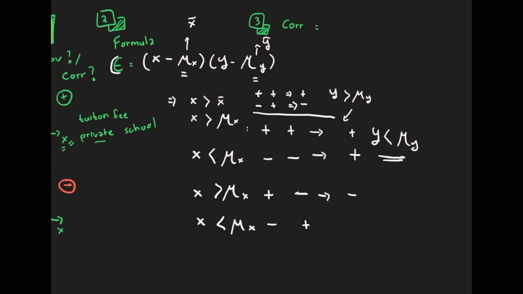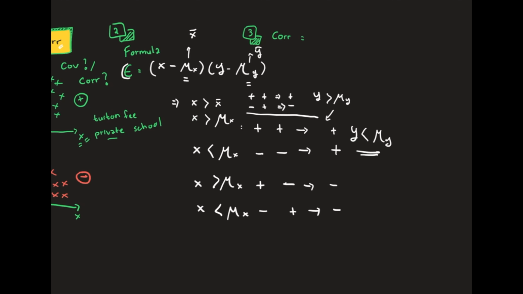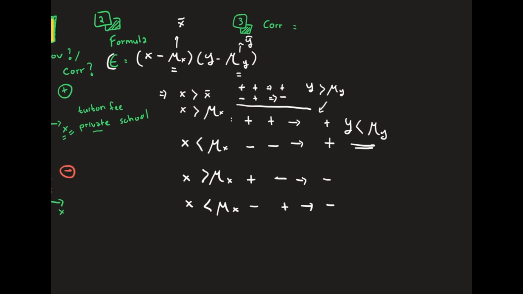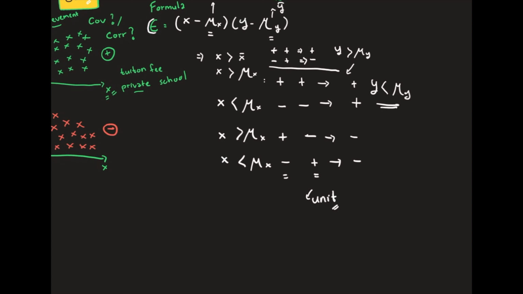And if x is smaller than its mean, which is minus, and y is bigger than its mean, it is also minus. Since every variable here, x and y, has a unit, covariance also has a unit.